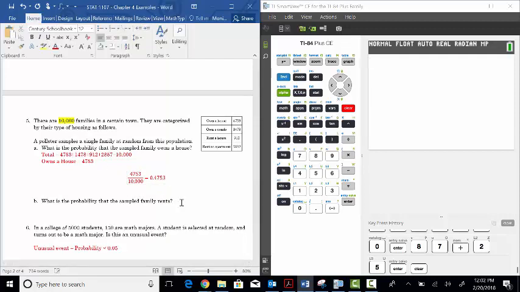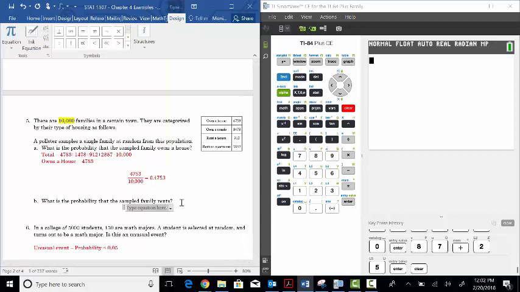Next it says, what's the probability that they rent? So you have to be kind of careful with this one, because renting, you have to count in rent a house, and you have to add that to renting an apartment. And again, you divide that out by the grand total.